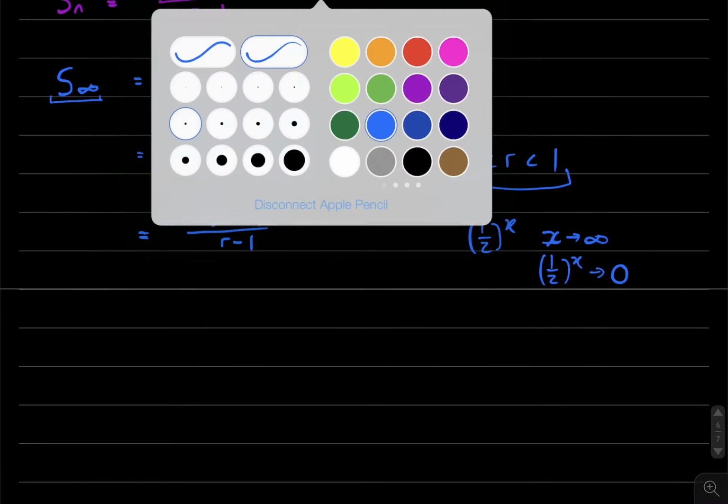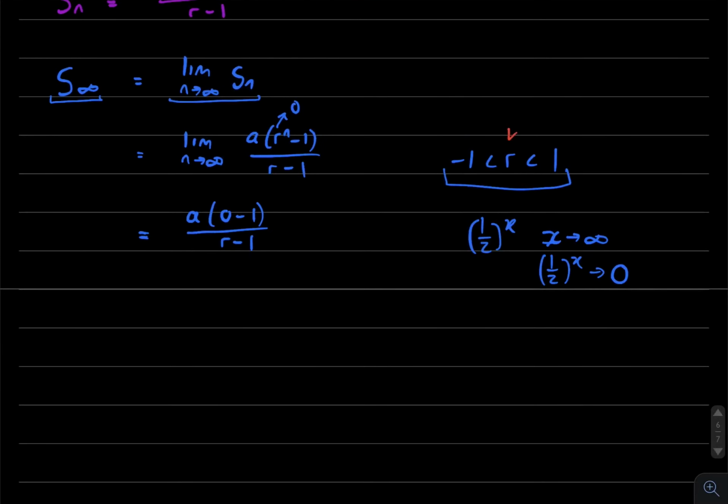Okay, I hope you understand that, because I'll say it again. When r is in this interval, remember that for the sum to infinity to exist, r must be in this interval, because the series must be convergent. So our r will be some fraction like 0.8, 0.5, 0.2. Those are decimals, but you could just write them as fractions.